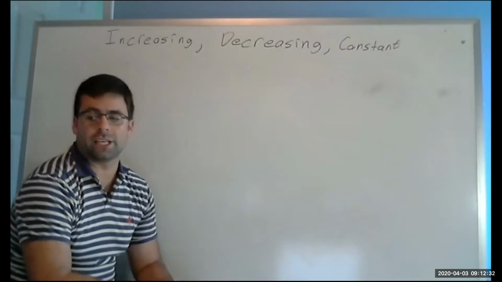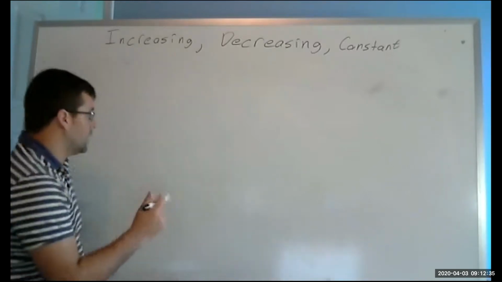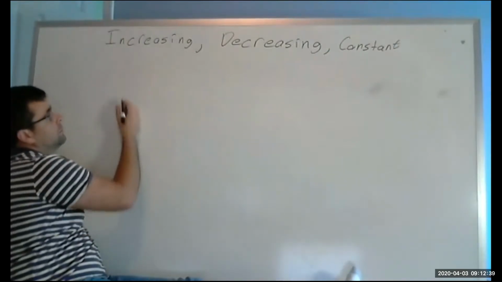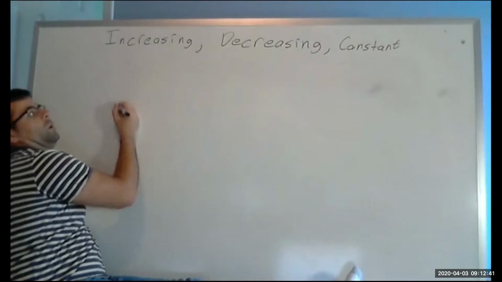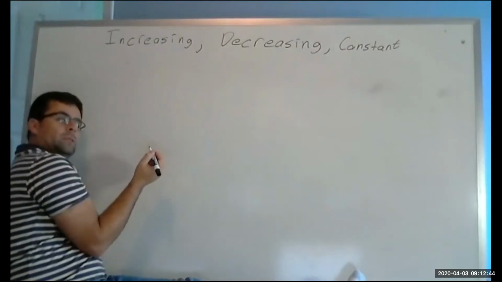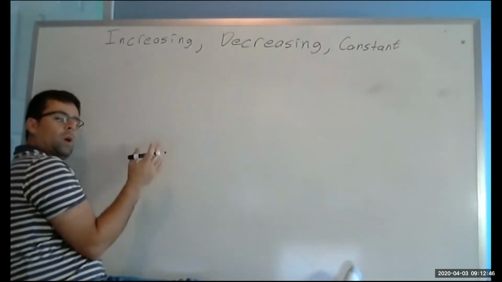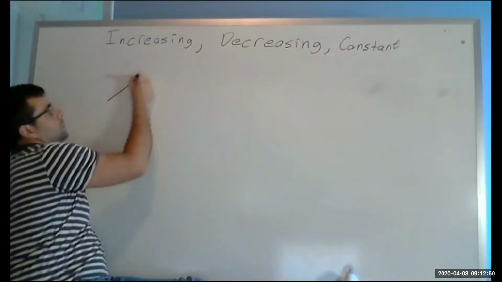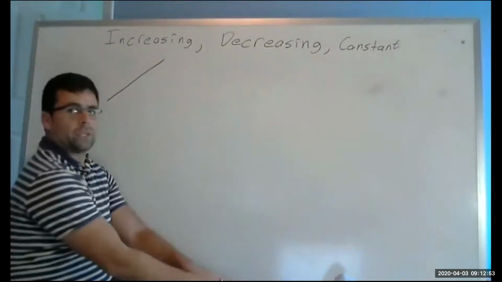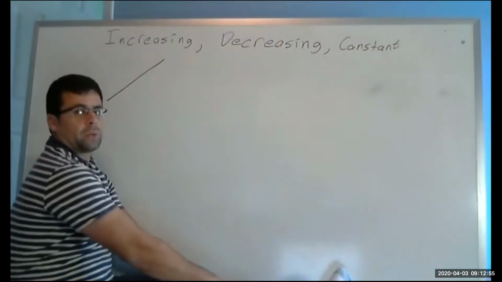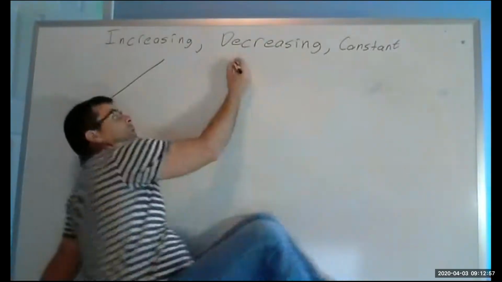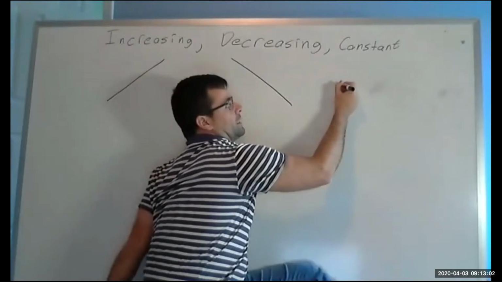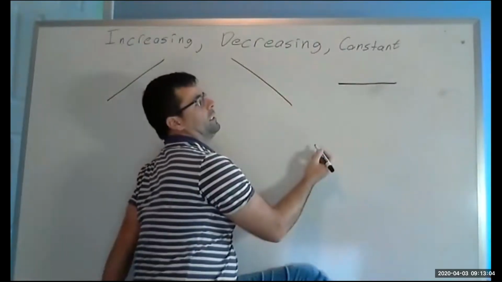Let's first look at the graphs. If a function is increasing, we usually describe this as what it's doing while you go from left to right. A function is increasing if it goes up from left to right, decreasing if it goes down, and constant if it's flat.